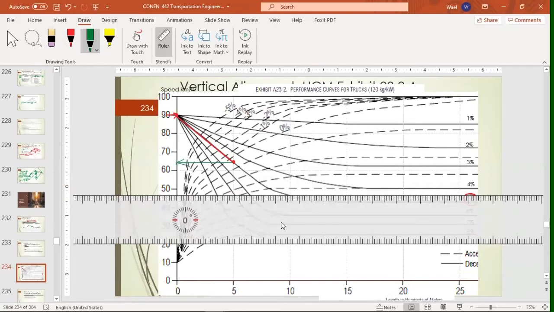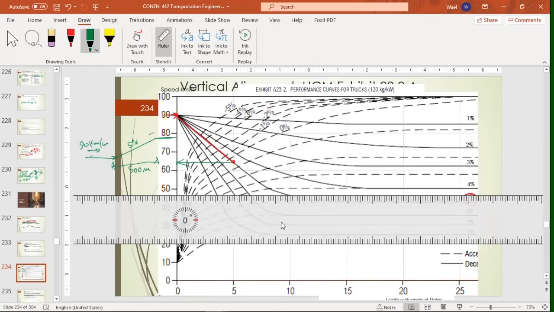So the truck is driving on a straight road, then goes up a 5% grade, and here it's flat. Okay, so it was driving here at 90 kilometers per hour and drove on this grade for 500 meters.